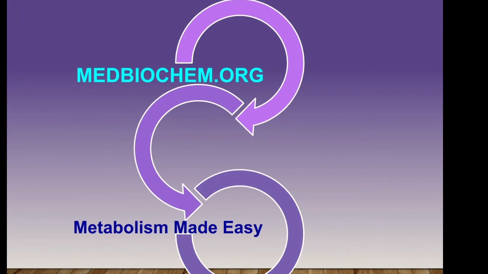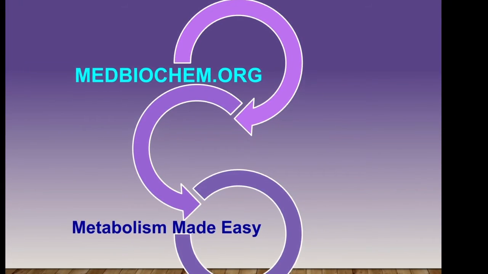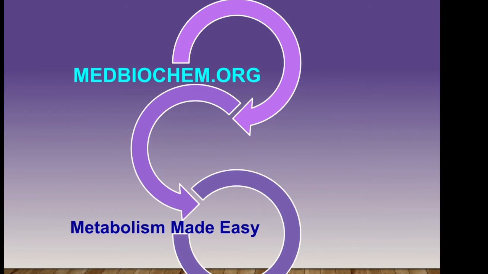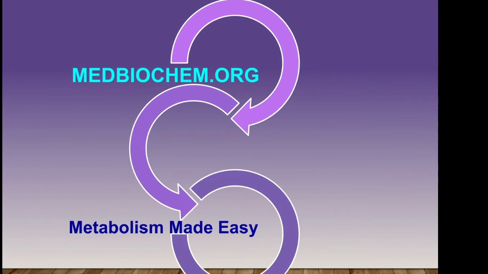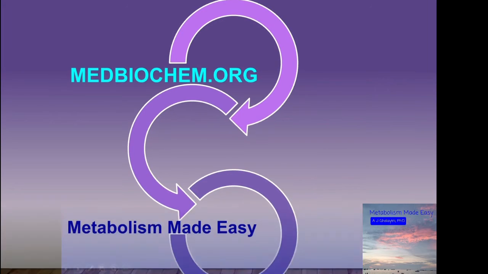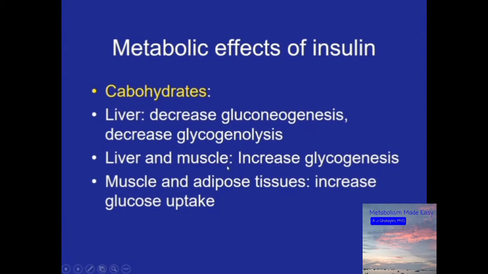Then you ask, how is insulin affecting metabolism in those four tissues we always talk about? So you go to the liver. What is happening in the liver as a result of insulin action? Focus on the key pathways: glycolysis, glycogen synthesis, fatty acid synthesis.